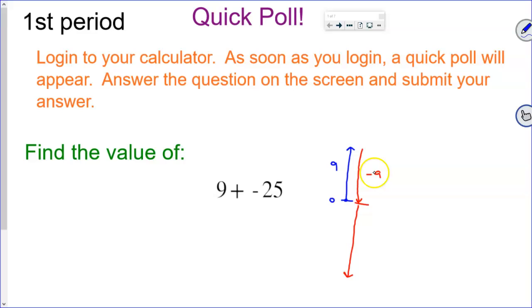We can see it here in how it's sort of overlapping like that. So I'm supposed to be going down 25 because of the negative 25. The first 9 just get me back down to 0, which means I have the remaining 16 more to go in order to get the full 25 down, or negative 25. So that means I ended up here at negative 16.